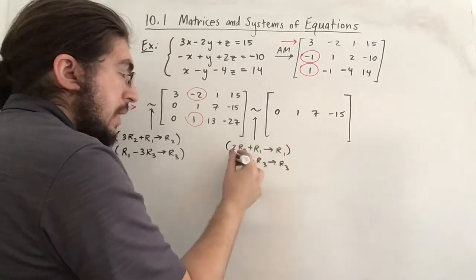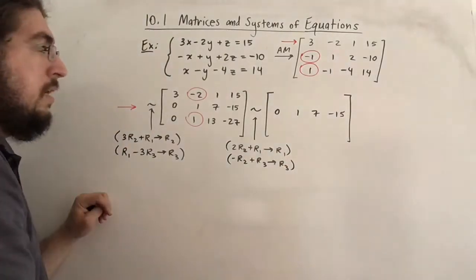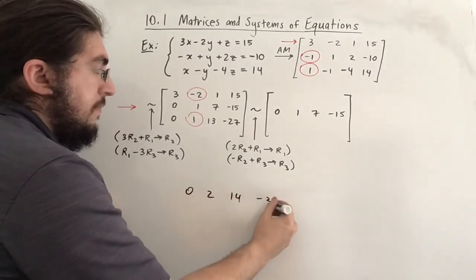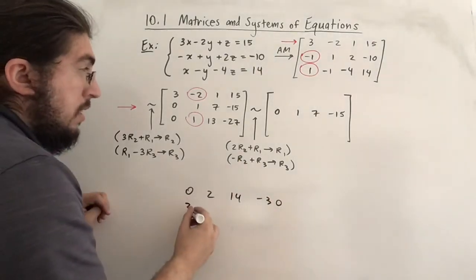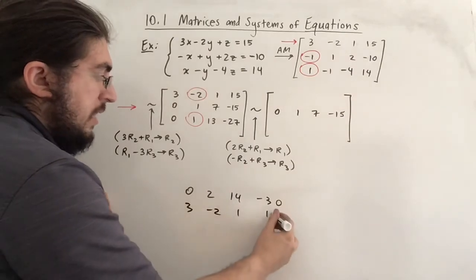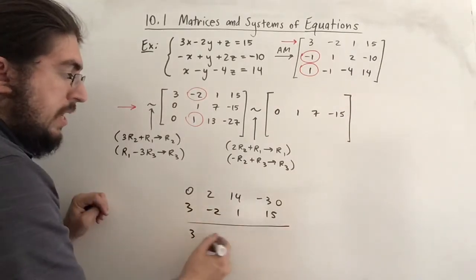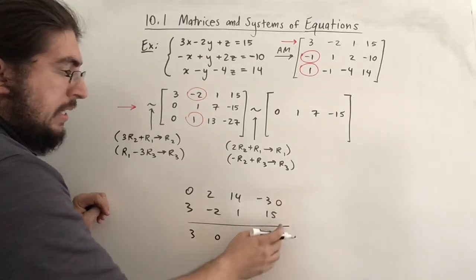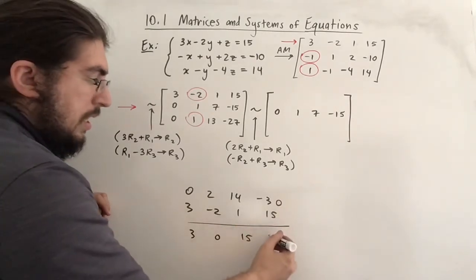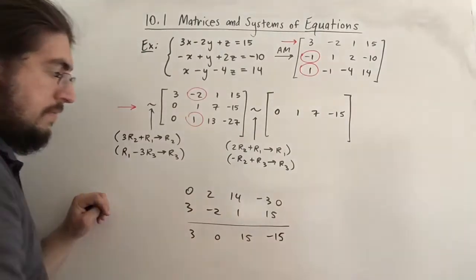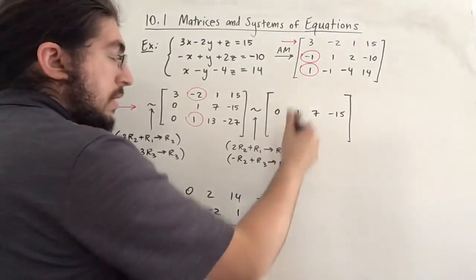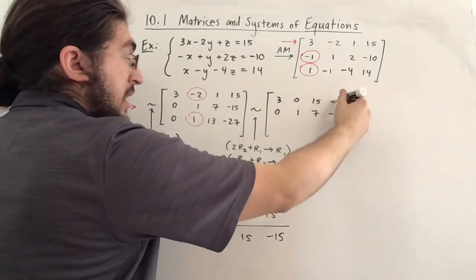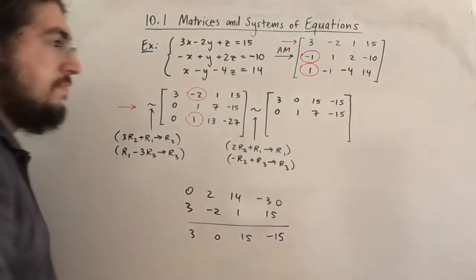So now let's apply these operations one at a time. 2 times row 2 is going to be 0, 2, 14, -30. Adding that to row 1, 3, -2, 1, 15, will give us 3, 0, 15, and this is -15. Good. So that's the new row 1: 3, 0, 15, -15. Great.